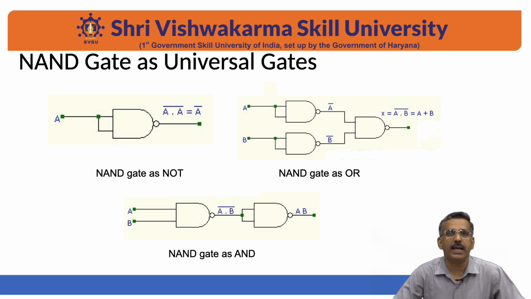If we arrange 2 NAND gates in this manner, the output is equal to A into B, and this will act like an AND gate. Under this condition, the NAND gate is behaving like an AND gate.